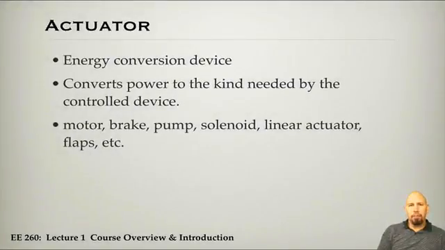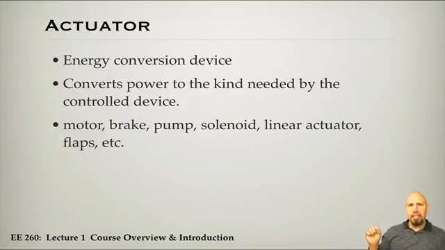Your actuator is some kind of an energy conversion device. It converts power from one kind to the kind needed by the device that's being controlled. So, for example, if you have a mobile robot, and you've got wheels, and the wheels are turned by motors, that motor is an actuator.